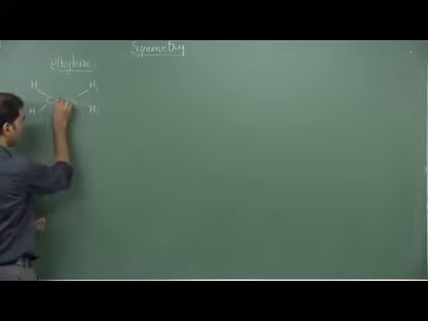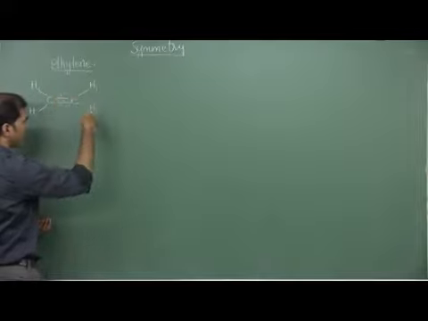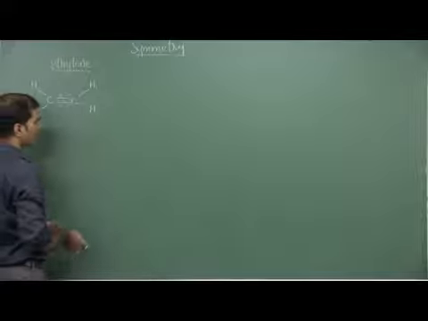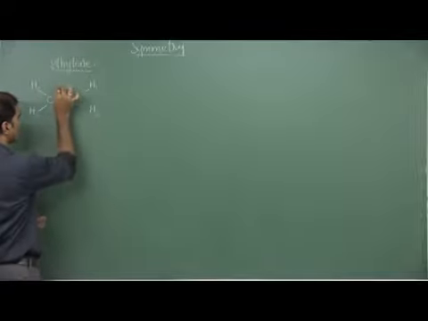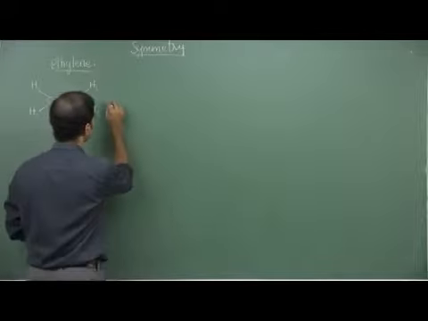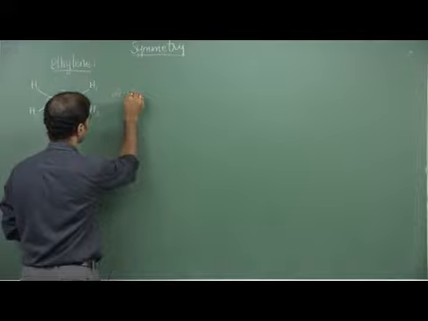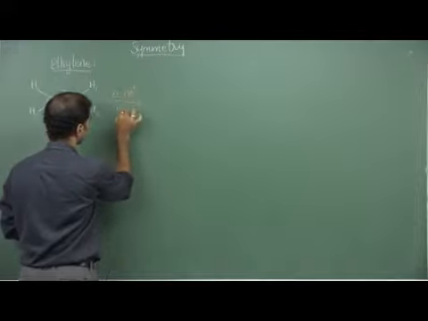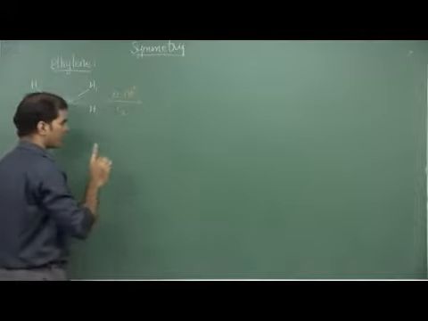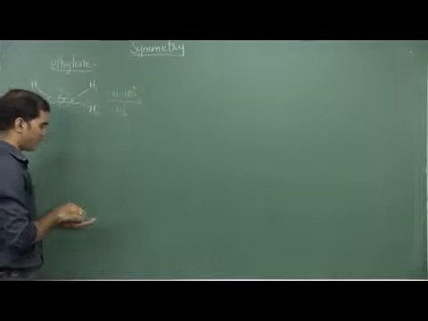Let me start from here, and if I rotate by 180 degrees, I have to get an equivalent structure. So let me put it as a C2. And this is a C2 for the first time I am operating, therefore I am putting it as C2(1).